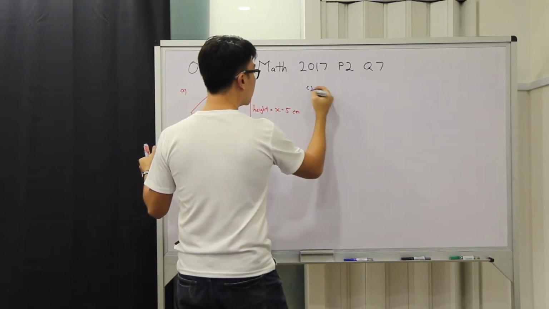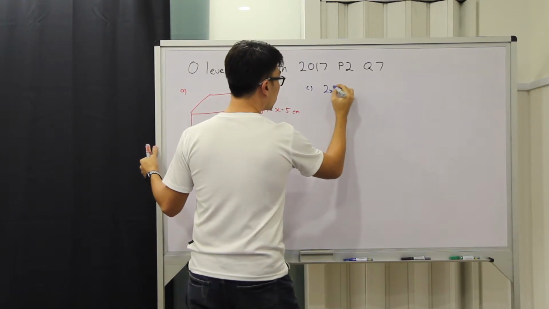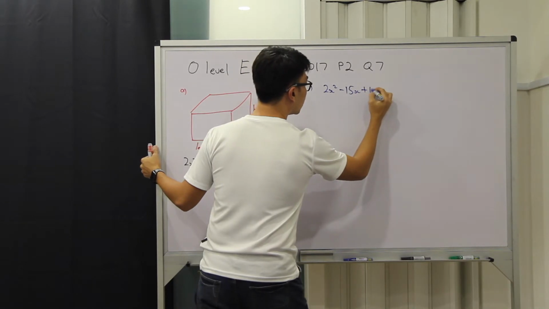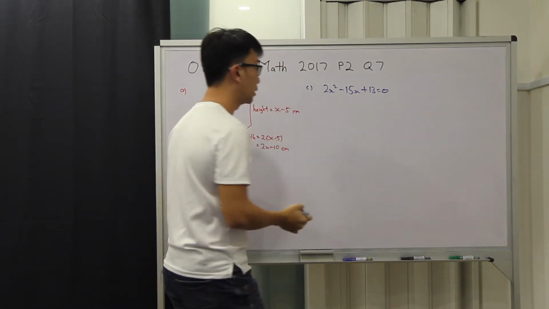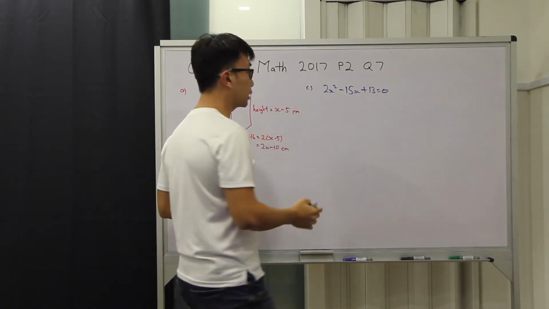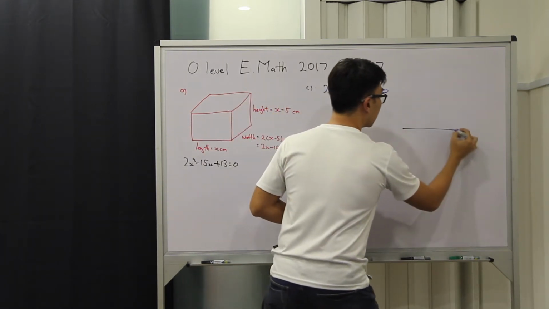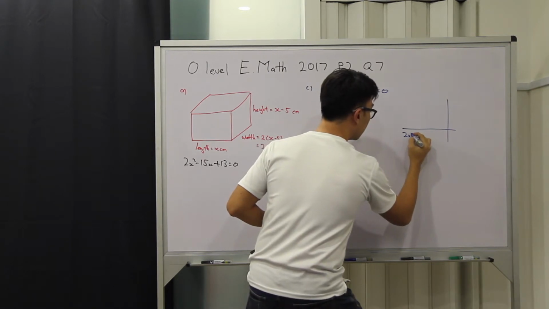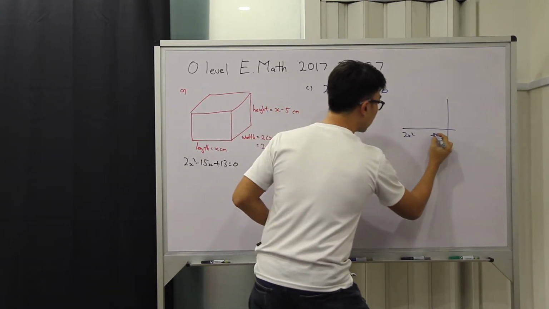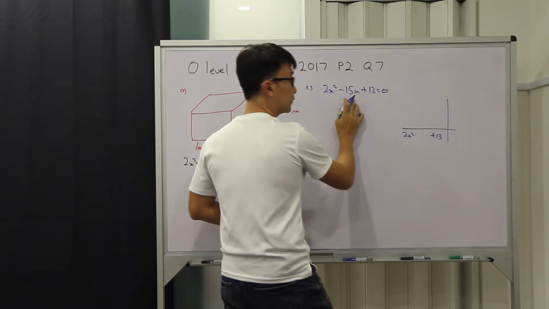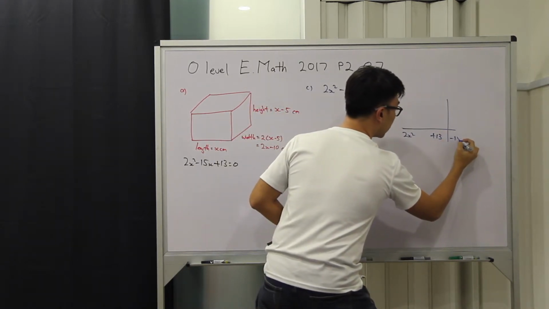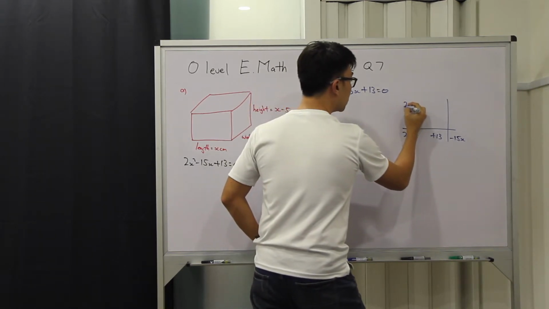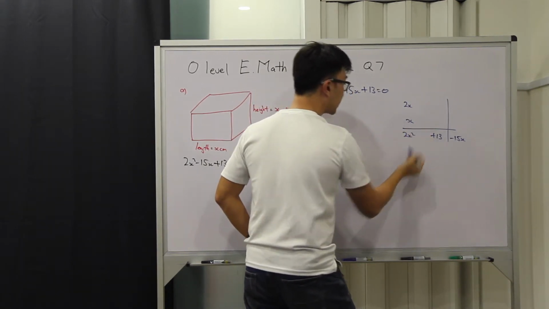So, part C, to solve 2x squared minus 15x plus 13 equals 0. One of the ways to solve a quadratic equation is to use cross products. For the 2x squared, we can write it down here. For the plus 13, we'll leave it here. And minus 15x, we'll leave it at the last column. In order to get our 2x squared, we can use 2x multiplied by x.